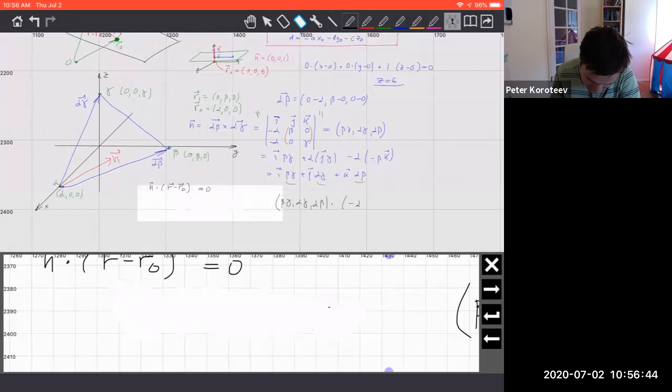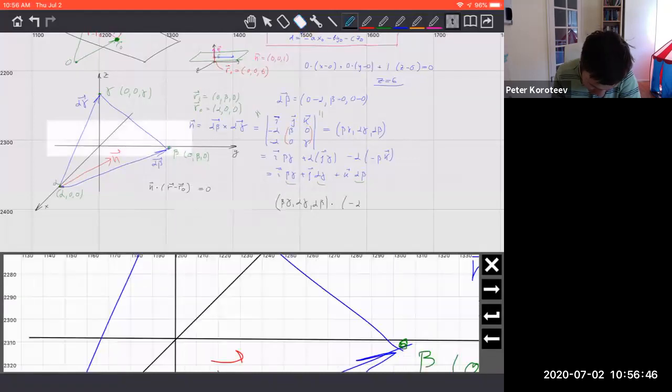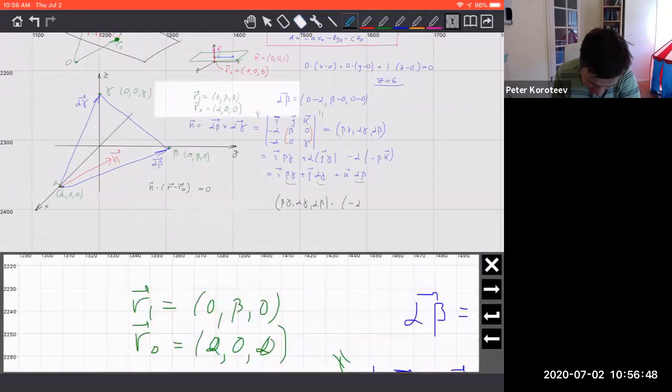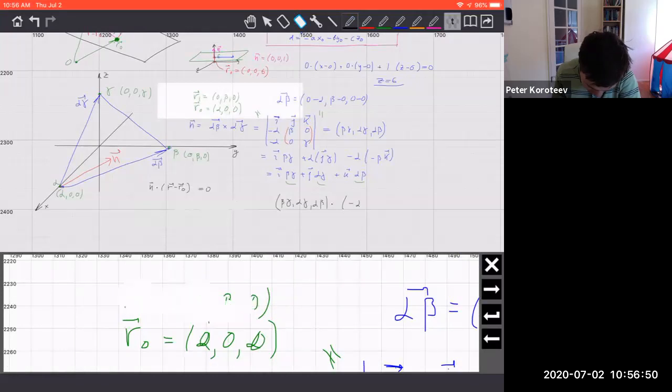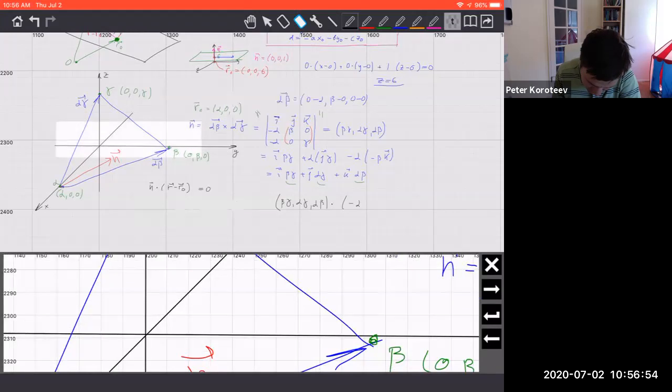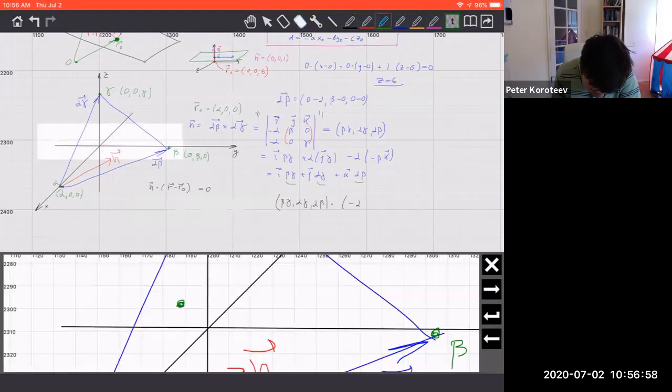So let's select any point. This is not R1; we need the equation, right? So we put some point P with coordinates x, y, and z on the plane, and then vector R1 will connect the origin to that point.